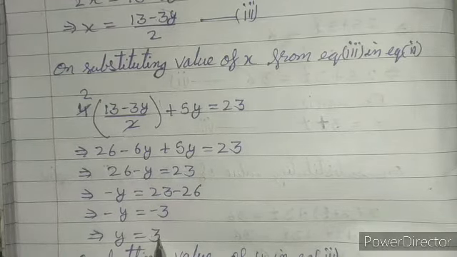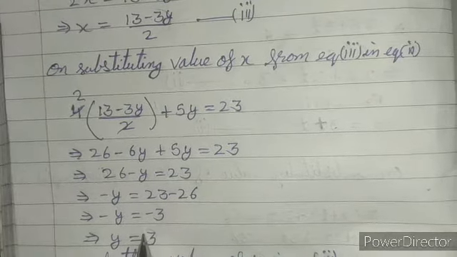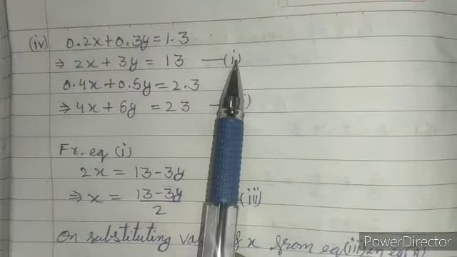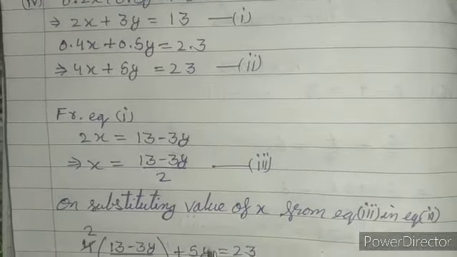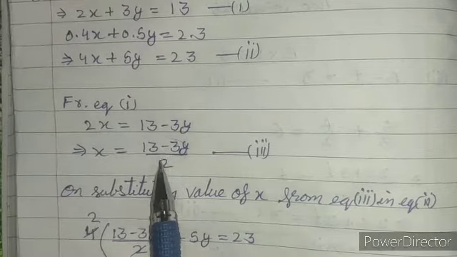Now in our third step, or last step, we will substitute this value of y in any one of the three equations, that is first, second or third. It is most convenient to put the value of y in equation third.